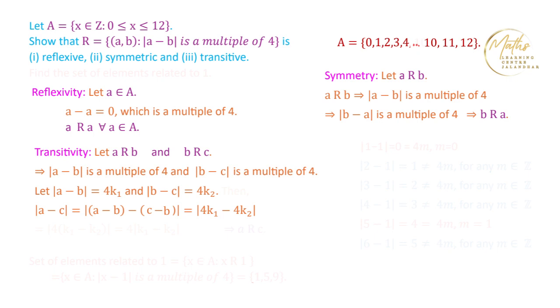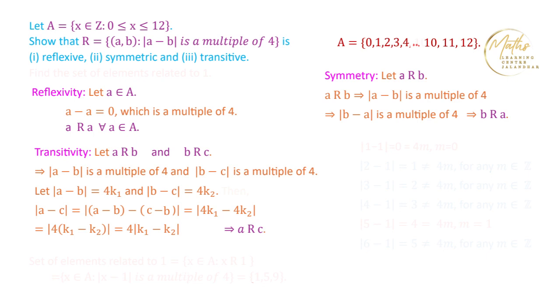Now if we take 4 common from this term, this is equal to 4 times (k1 + k2). So what we have obtained is that |a − c| is equal to 4 times (k1 + k2). It means |a − c| is a multiple of 4. So this implies that a is related to c.